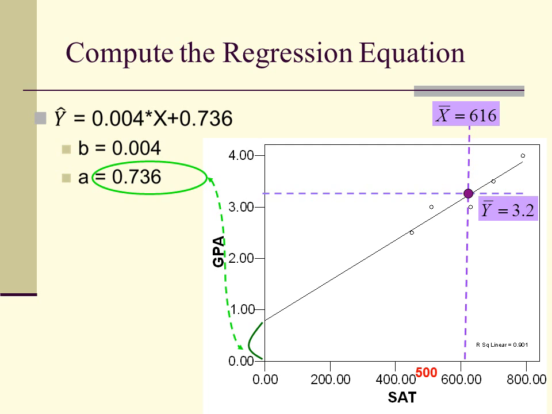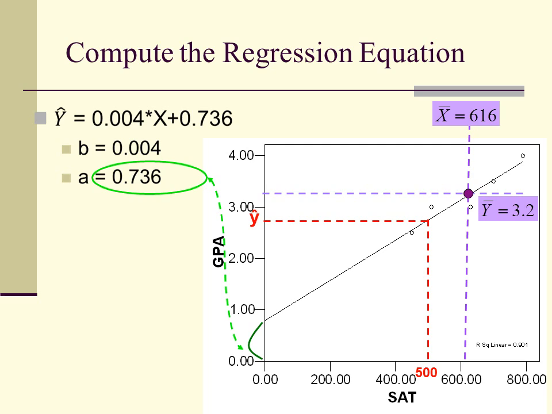Then we use this line to predict the y value. For example, if somebody scored 500 on the SAT, what is the predicted GPA for this student? We can use this line to predict this student's freshman GPA. When x is 500, what is the predicted y?